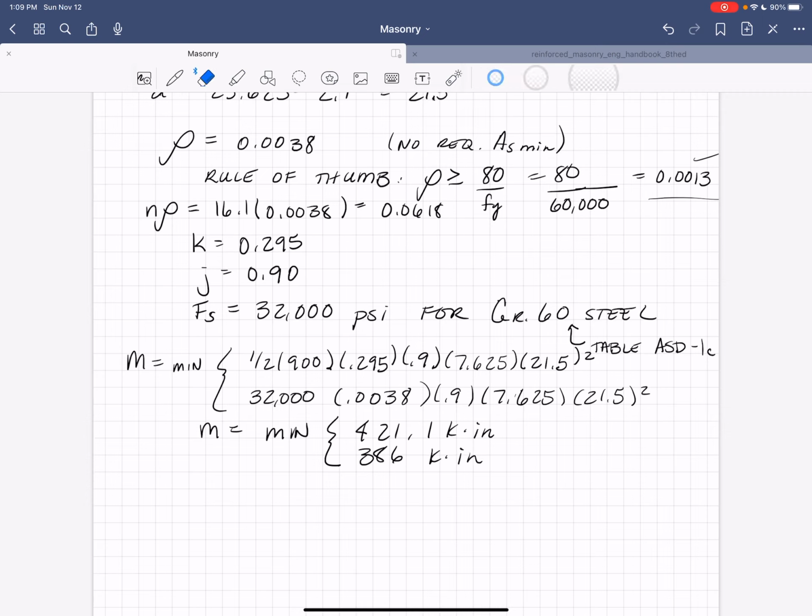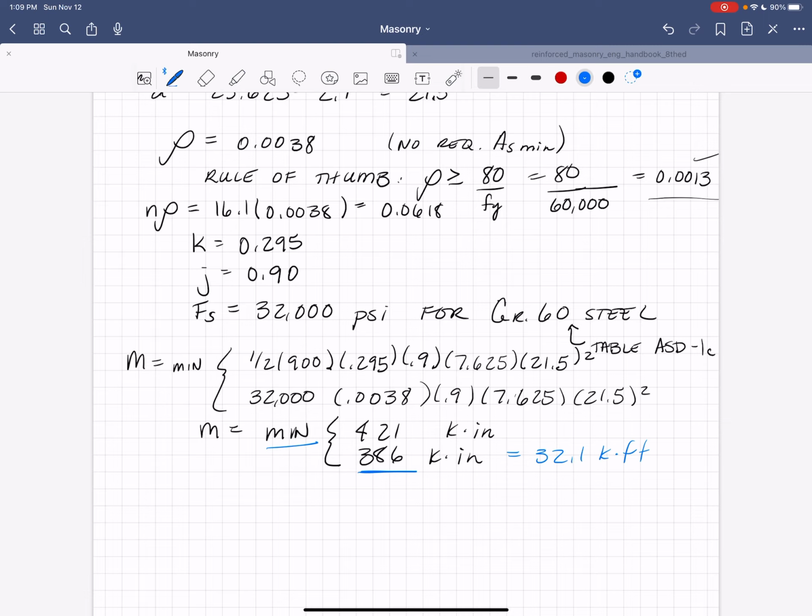Probably get rid of the 0.1 there. And the minimum is 386, which is equal to 32.1 kip feet.